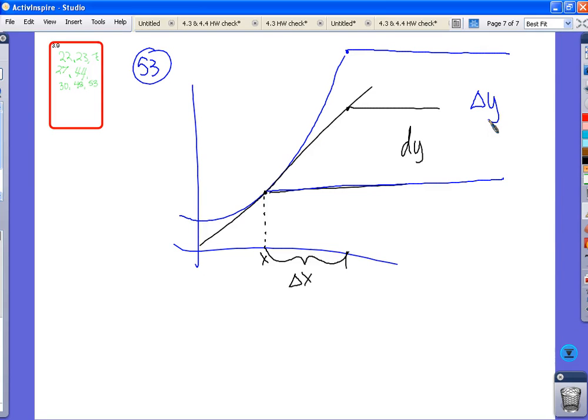As far as the accuracy of dy to approximate delta y, not very accurate, quite inaccurate. What effect does making delta x smaller have? More accurate. The closer delta x gets to 0, the more accurate dy is in approximating delta y. Yes!